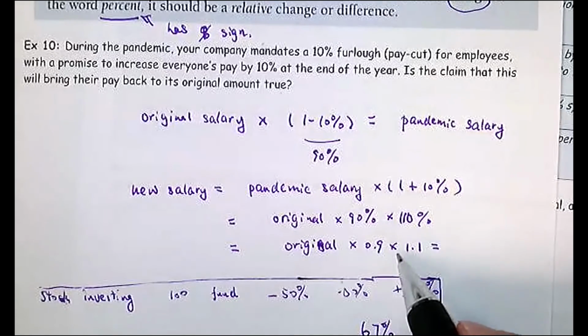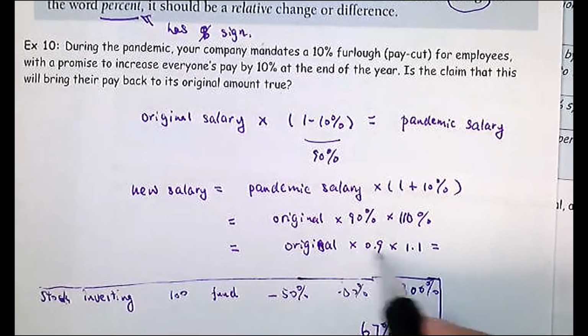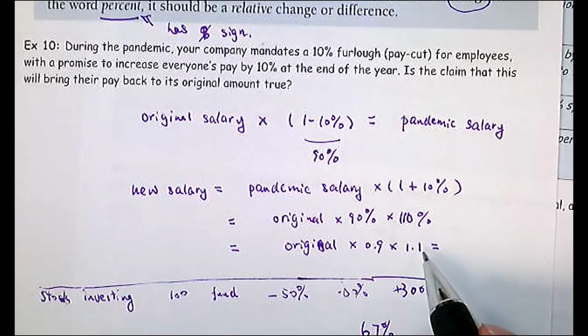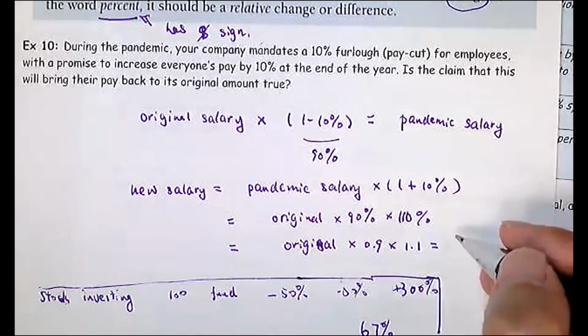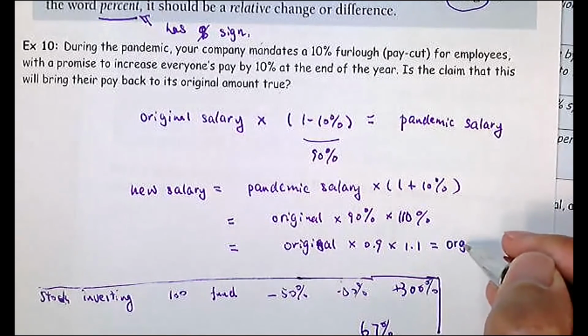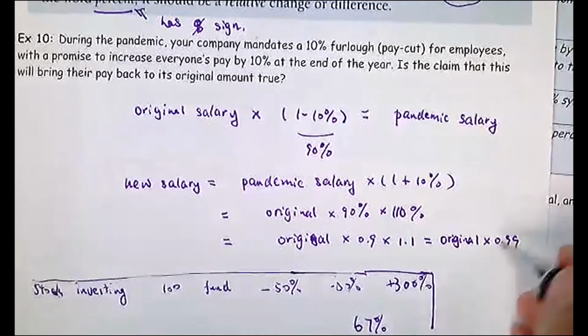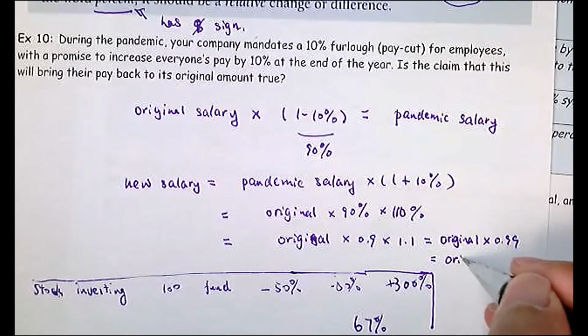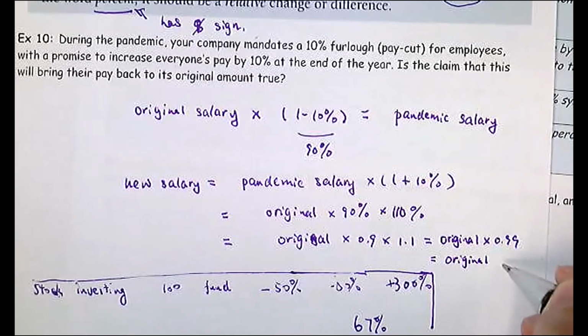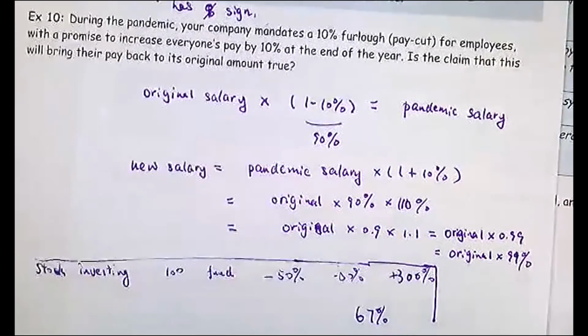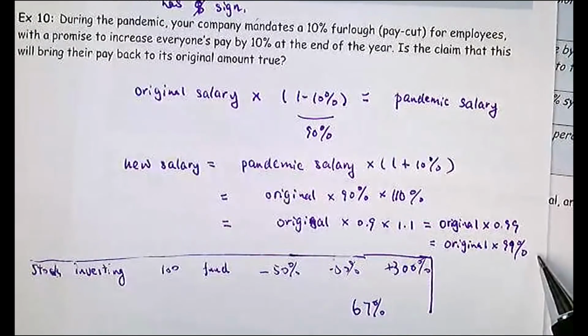So can anyone do me a favor to figure out what this is? 0.9 times 1.1. 0.99. Very good. 99%.